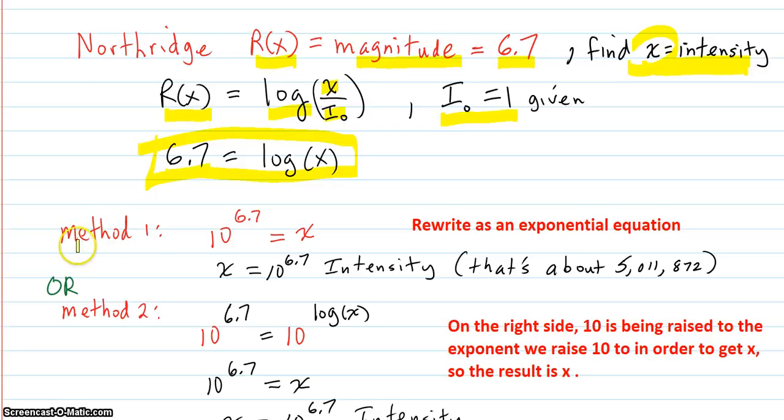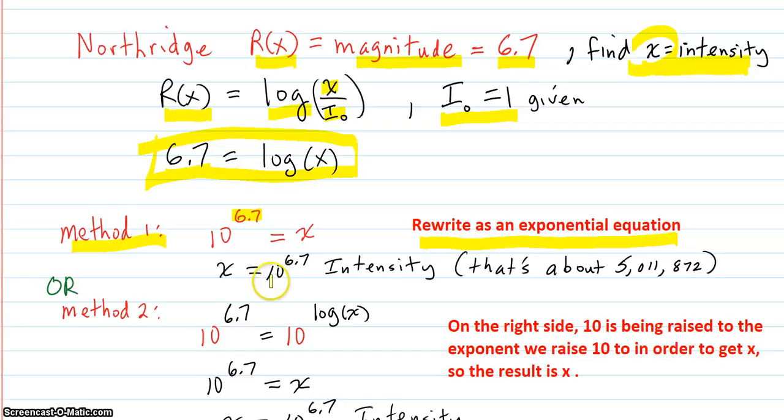So method 1 is to rewrite as an exponential equation. If log base 10 of x is 6.7, that means the exponent you put on a 10 to get x is 6.7. So 10 to the 6.7 equals x.